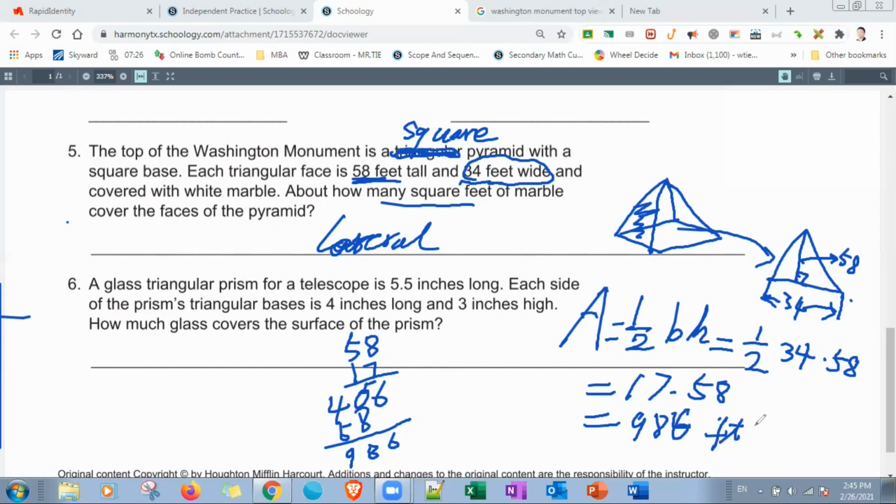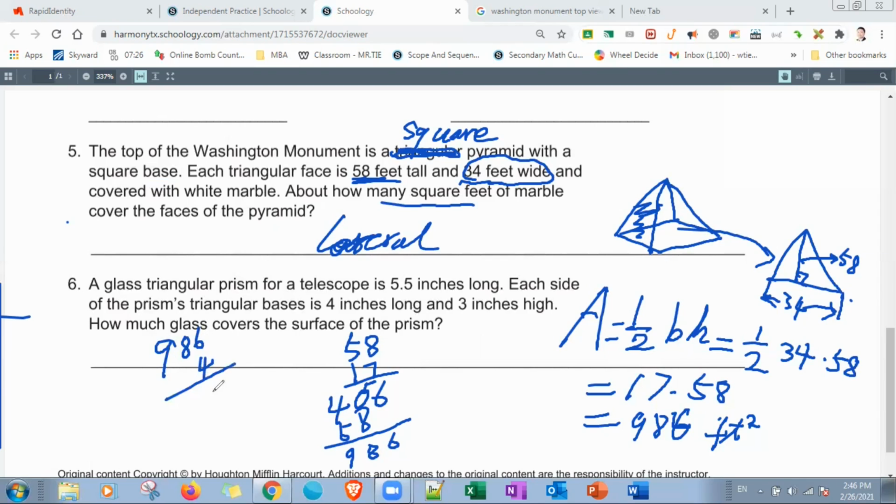Okay. Second dimension, talking about the area, lateral area. However, we're not finished because this is only one triangle. This pyramid has 4 different sides. 1, 2, 3, 4. So we have to times 4 to find the total area, the lateral area. 986 times 4, what equals?